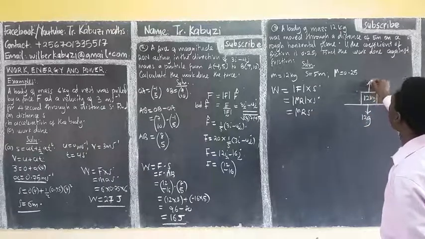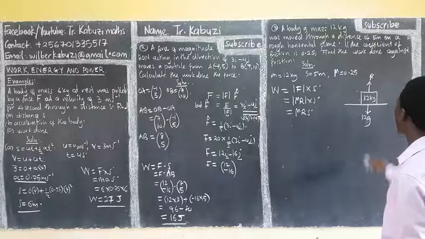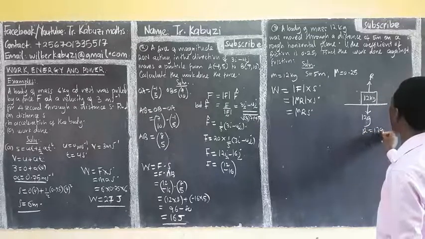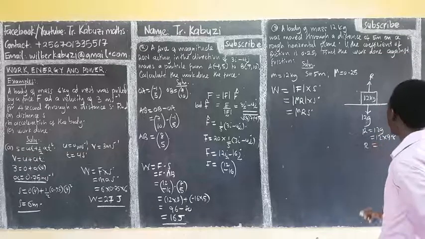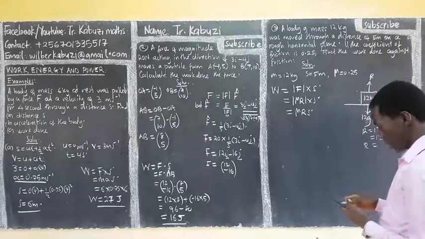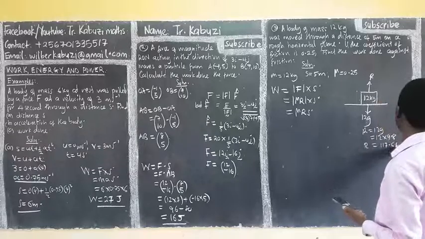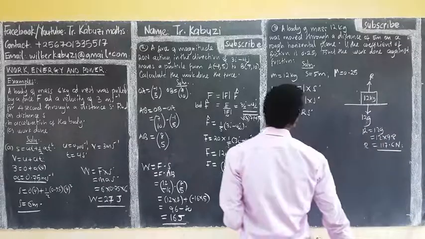Then here I'm going to have the reaction between the body and that rough surface. So R is equal to 12g, which will be 12 times 9.8, 117.6 newtons.